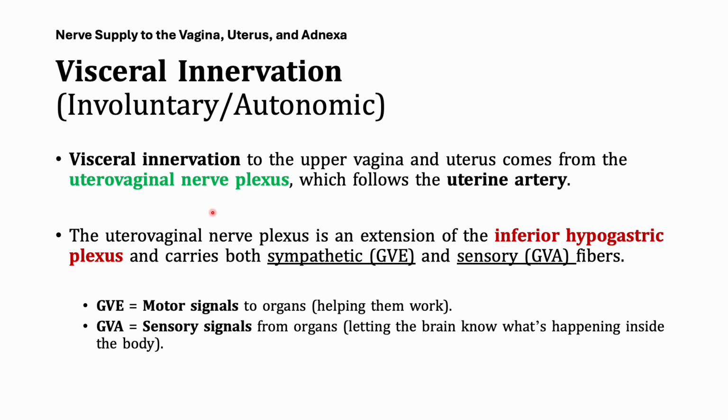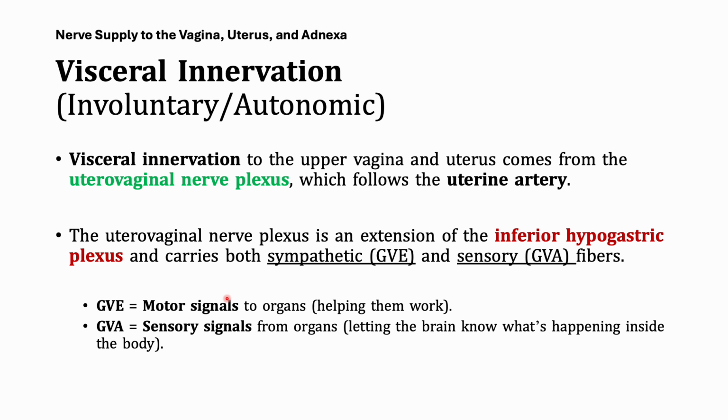So visceral innervation of the upper vagina and uterus comes from the uterovaginal nerve plexus, which follows the uterine artery. The uterovaginal nerve plexus is an extension of the inferior hypogastric plexus.